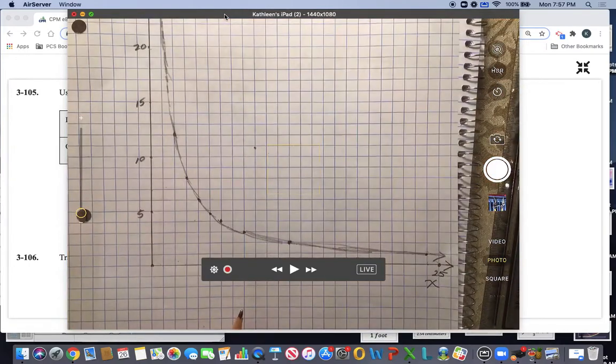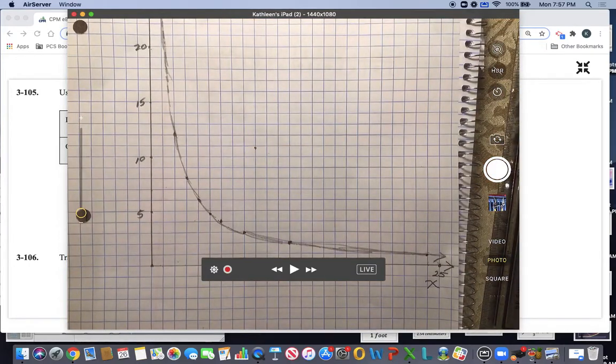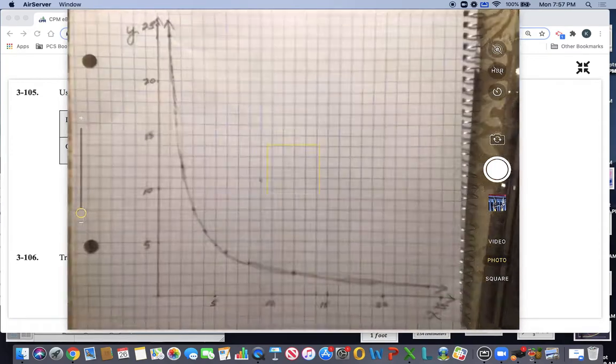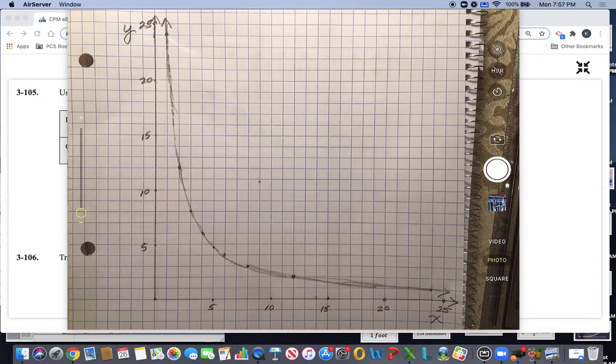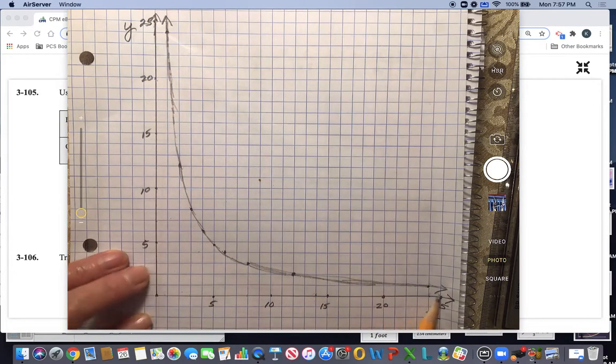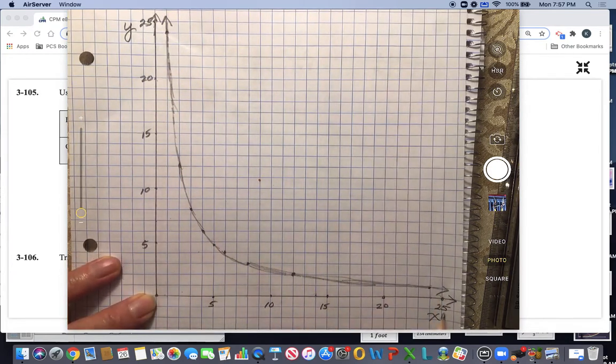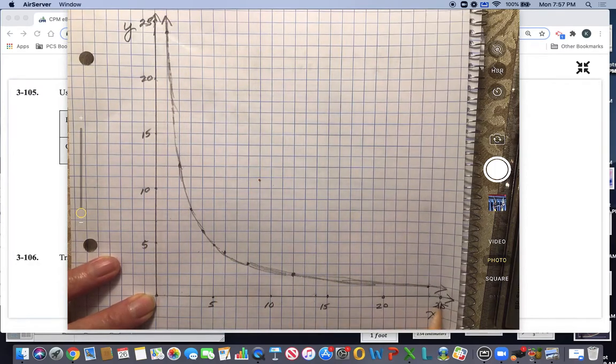All right. So then the last thing they want us to do is to describe this shape. And you could describe it as a curve that goes in both directions. And you could see that the farther it gets away from the origin, the closer it moves to the x-axis.